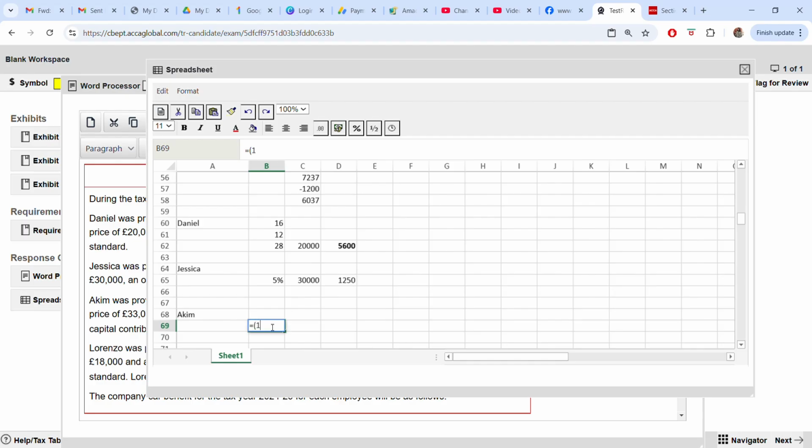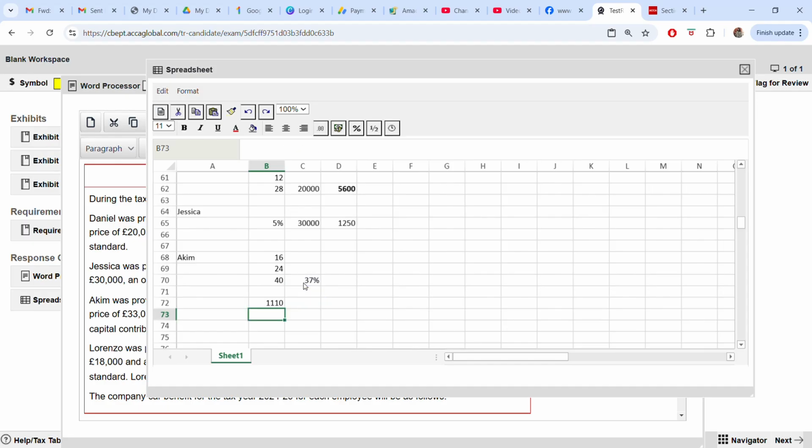So 175 minus 55 divided by 5 is 24. And you have to add with 16. So if you take it, you see, it's 40. You can't take 40% because the maximum is 37%. And from your 33, you have to deduct 3,000, the capital contribution.